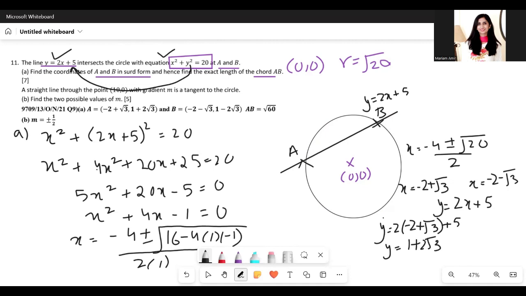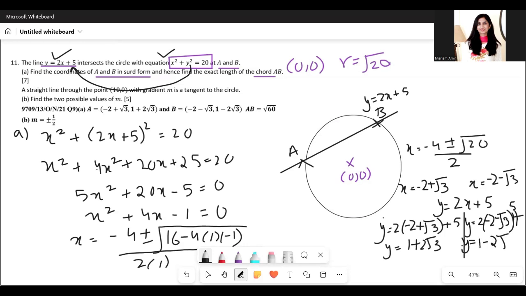And for the other one, y equals 2 times (negative 2 minus square root of 3) plus 5. And this would become y equals negative 4 plus 5, which is again 1, and minus 2 square root of 3.